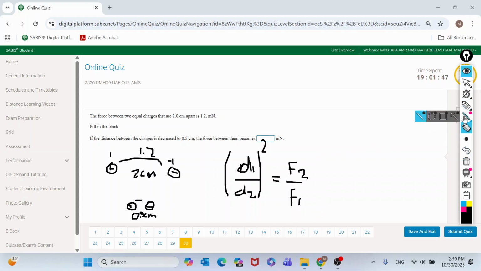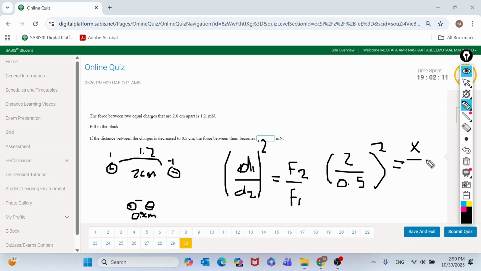Okay, so let's solve it. What's D1? 2. What's D2? 0.5. So 2 over 0.5 squared equals F2. This is F1. So F2 is this one, so we'll call it X, over F1, so 1.2. And then you shift solve.